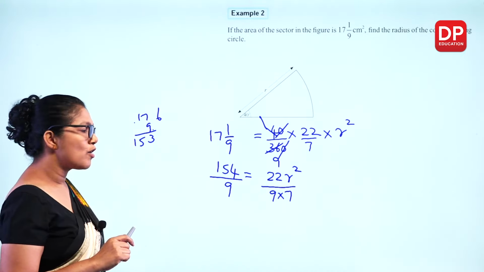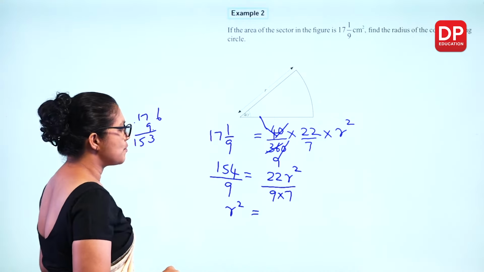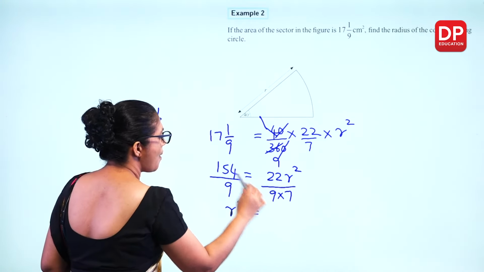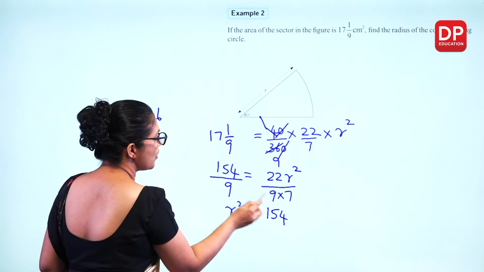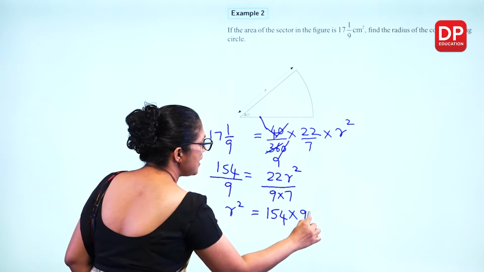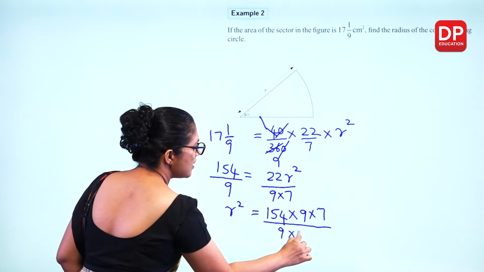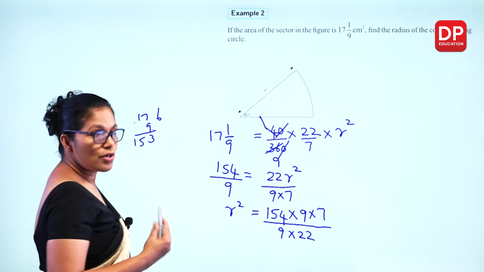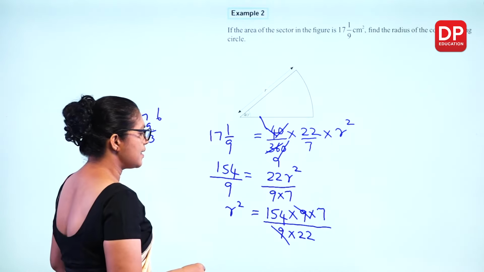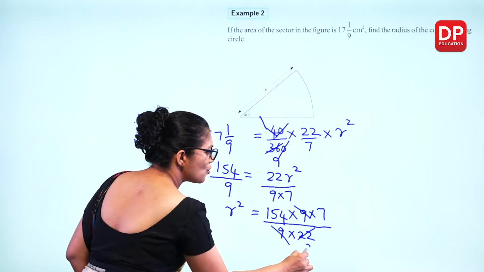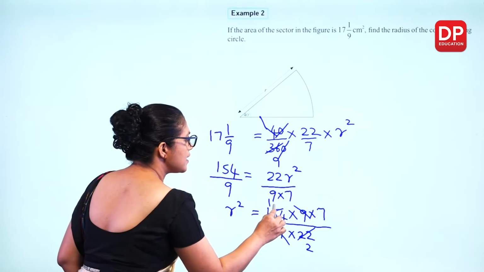Now how can we find r squared? I can make r squared the subject. So I need to multiply by the reciprocal value, multiplying by 9 and 7, divided by 9 and 22. Now simplify. The 9 gets cancelled out. You are getting 11 times 2, 11 times 1, 11, 44, it's 4.